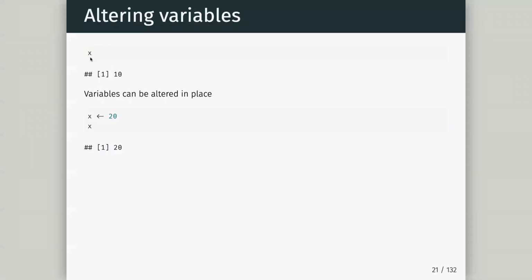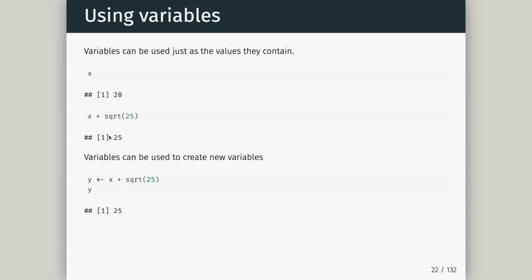Once we've assigned something to x, it's not fixed forever, it's not immutable. I can update x. If you learn Python tuples, they're immutable. Here I can update x and assign it to be 20 if I have a new result. Now x is 20. And I can use that value x as if it was 20.